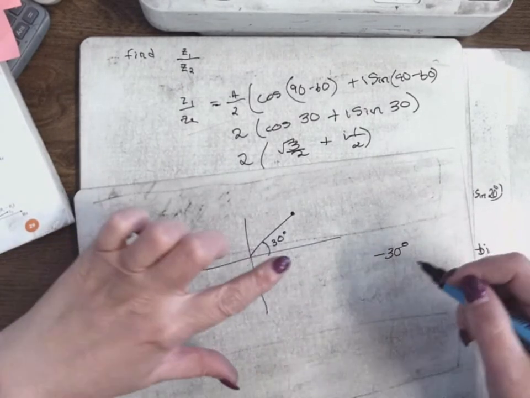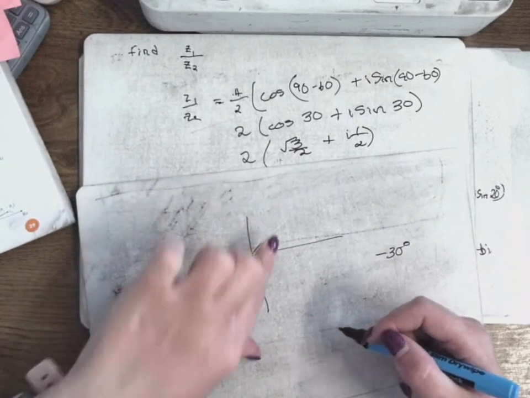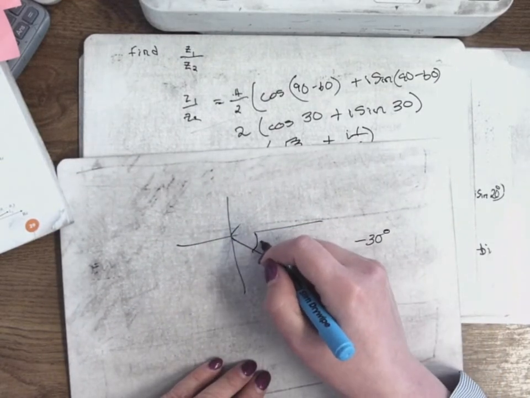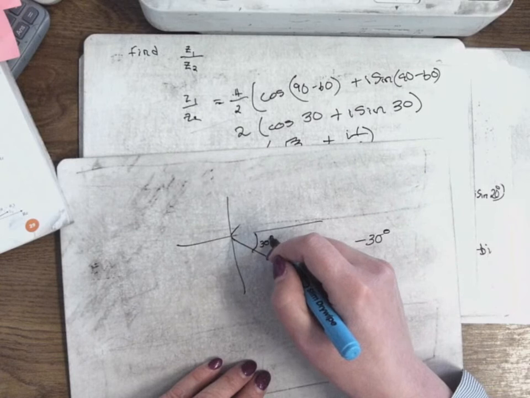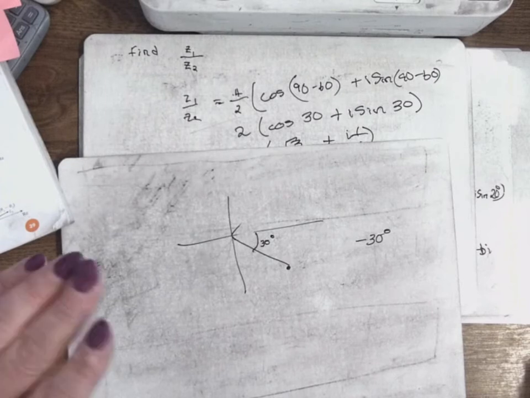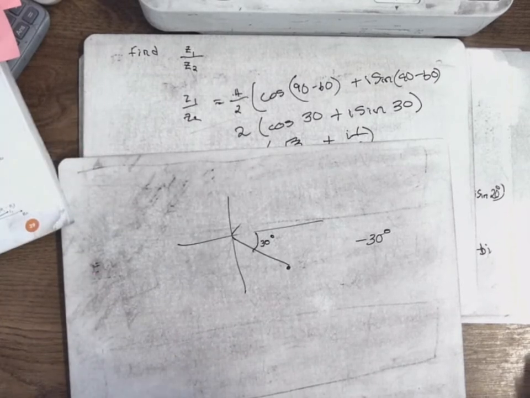So instead of going 30 degrees that direction, I would go 30 degrees this direction, and the complex number would be down here. It's perfectly acceptable to leave it as minus 30. It just means go 30 degrees clockwise as opposed to anti-clockwise. Is that okay?